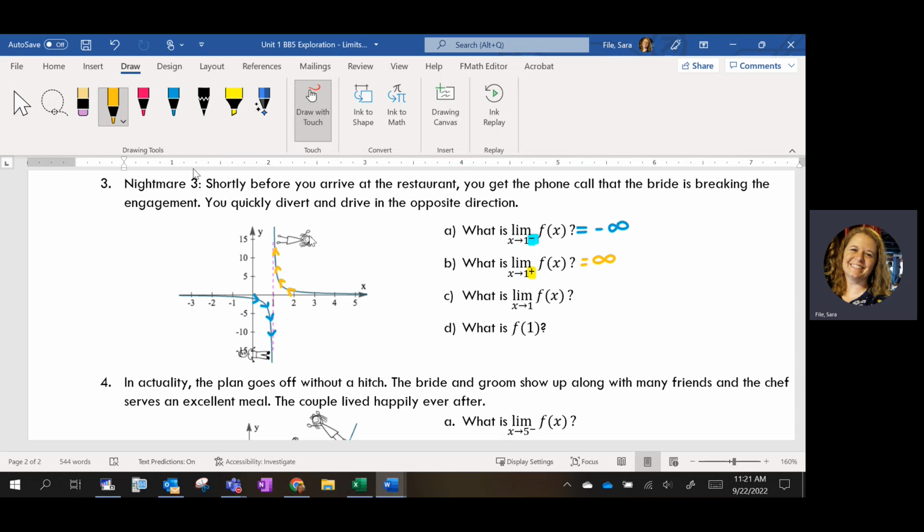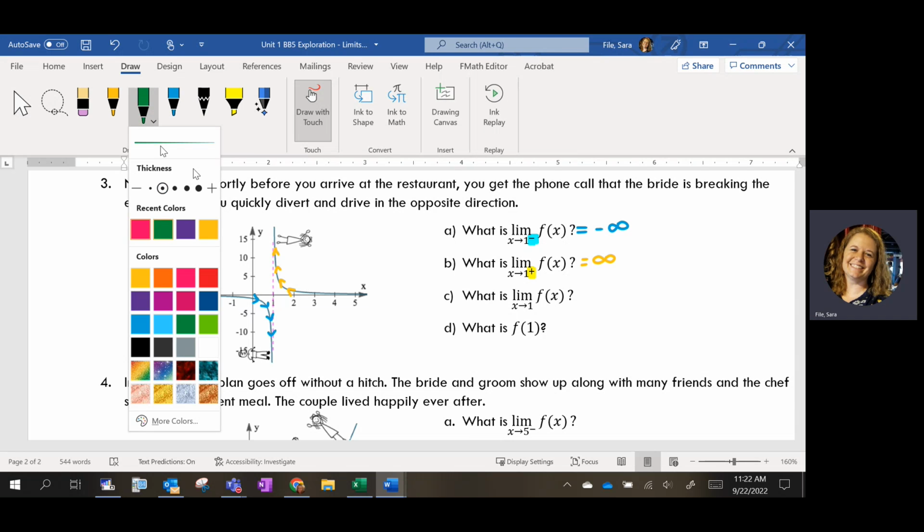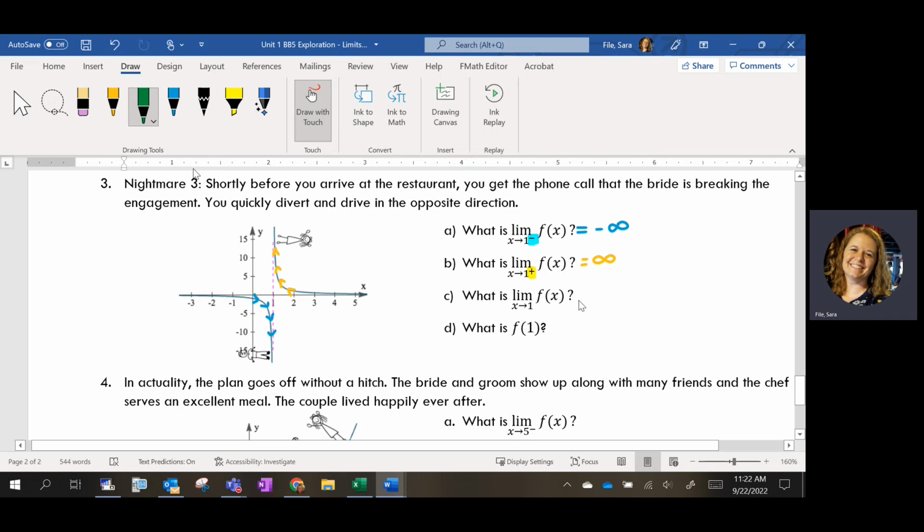So even if they were both going toward positive infinity or both going toward negative infinity, the limit here would still not exist. If they were both positive infinity, you could write infinity as the limit. Or if they were both negative infinity, you could write negative infinity. Okay? But I want you to understand the concept of the fact that infinity actually means the limit does not exist.